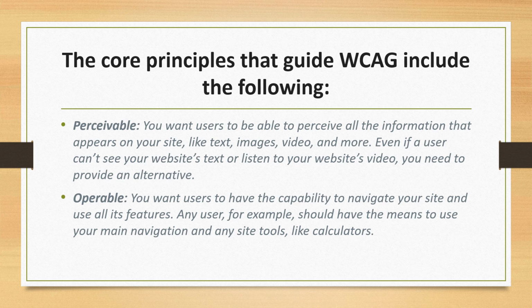Any user, for example, should have the means to use your main navigation and any site tools like calculators. So whatever applications, whatever features you have in your website, all things should be accessible to any form of disabled users. That is the objective or principle that WCAG follows.